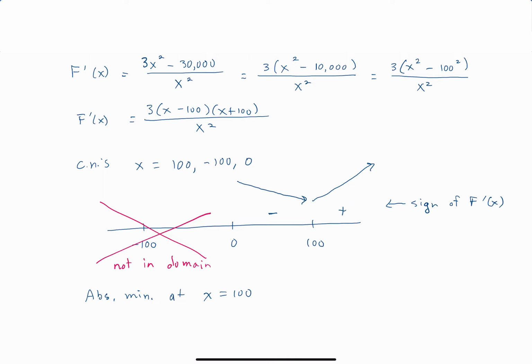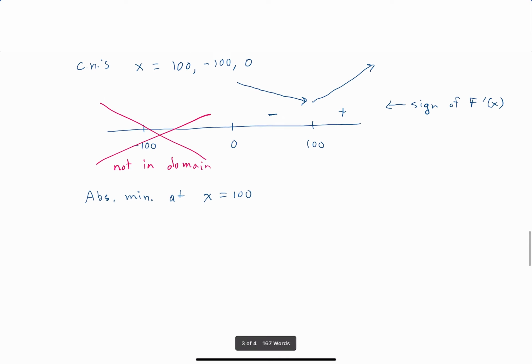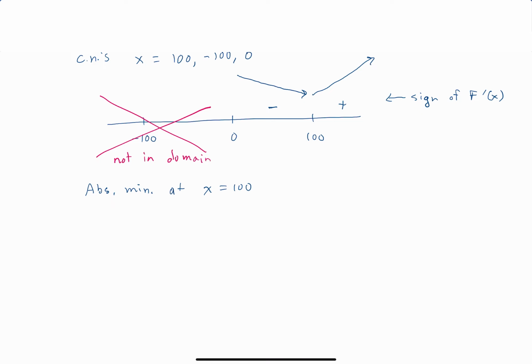So let's see if we can tell the farmer how he should make his fencing. The y has to be 15,000 over x, so that's 15,000 over 100, which is 150 feet.